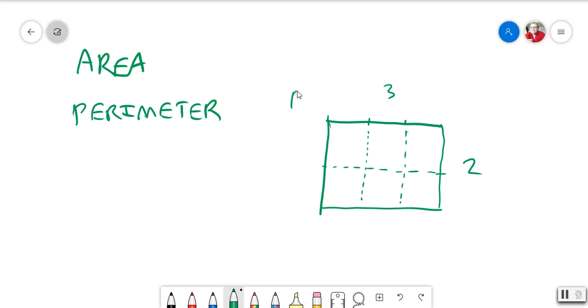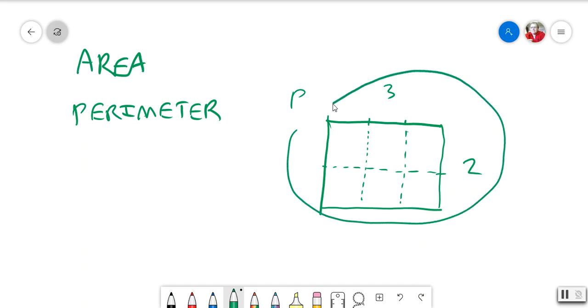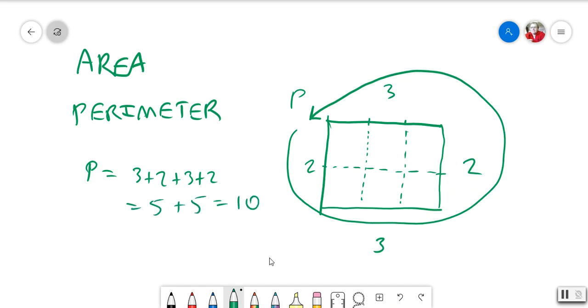Perimeter means the distance around it. And we did some of this while we were still in class. So if this is a rectangle, you know that this will be 3 also, and that will be 2. So perimeter equals 3 plus 2 plus 3 plus 2, which is 5 plus 5, which is 10.